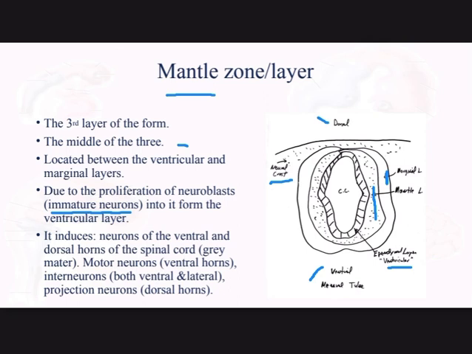Okay, these include neurons of the ventral and the dorsal horn of the spinal cord. However, they are the gray matter, not the white matter. The motor neurons of the ventral horns, the interneurons between the ventral and the lateral, and also the projection neurons of the dorsal.